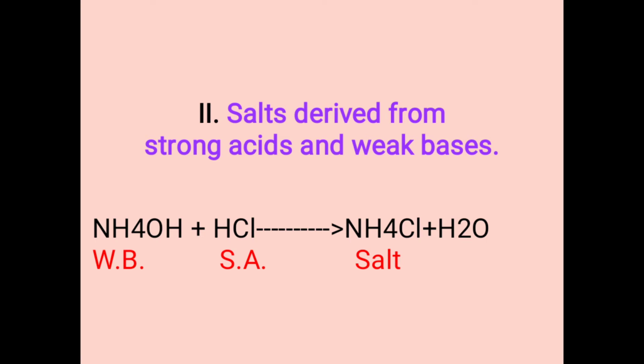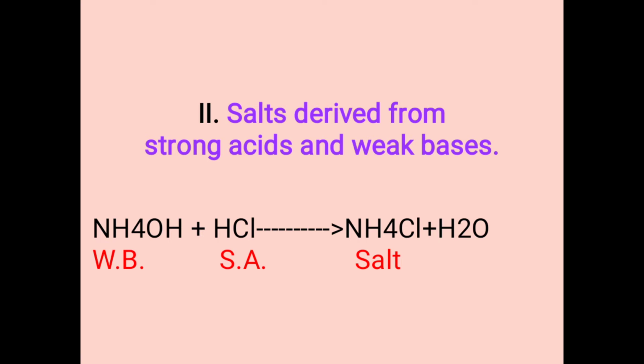A weak base is sparingly soluble in water, meaning it does not dissociate completely. It partially dissociates in water to form NH4 plus and OH minus ions. HCl is a strong acid, so it completely dissociates in water to form H plus and Cl minus ions.